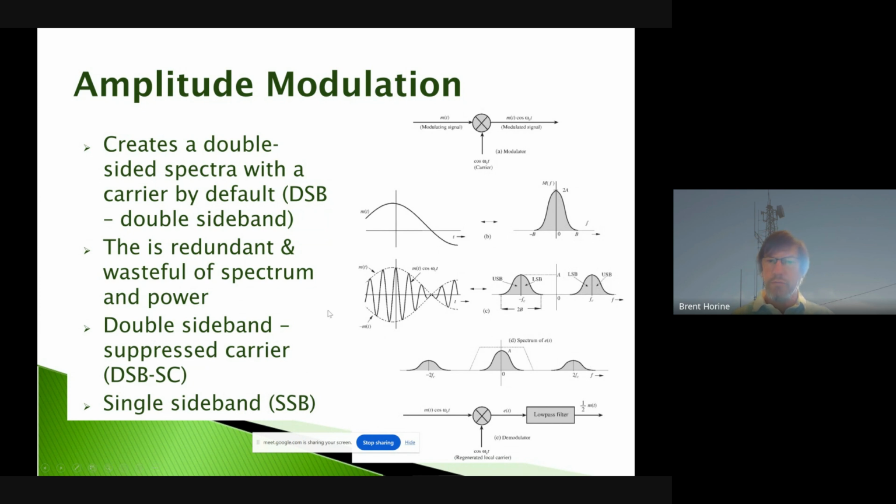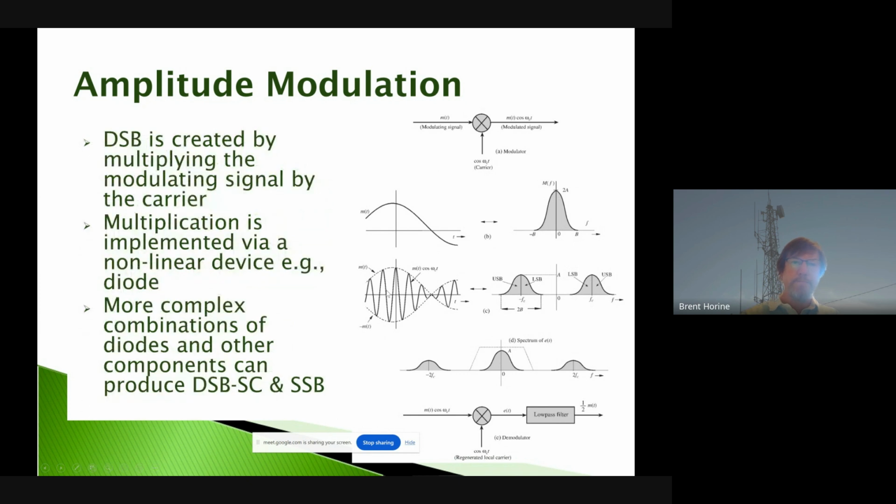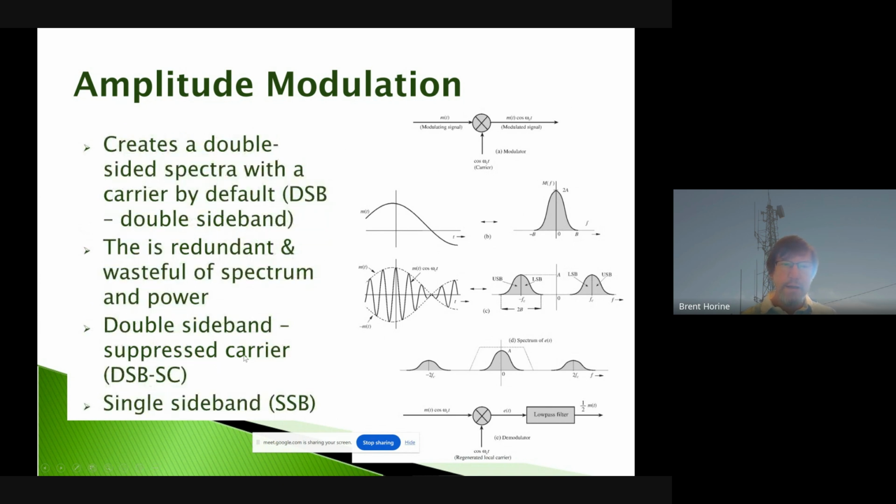We can also suppress the carrier in between, right? So this double sideband signal is created, and we're not going to talk much more about single sideband, just because we don't have the time, as we want to focus on digital communications.